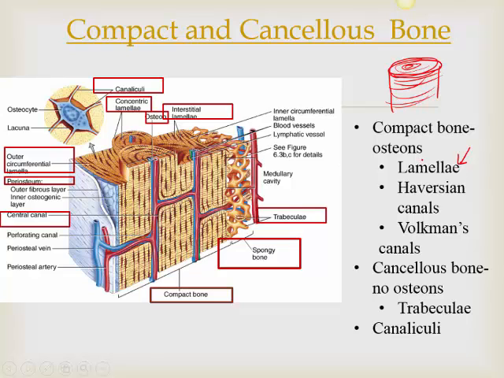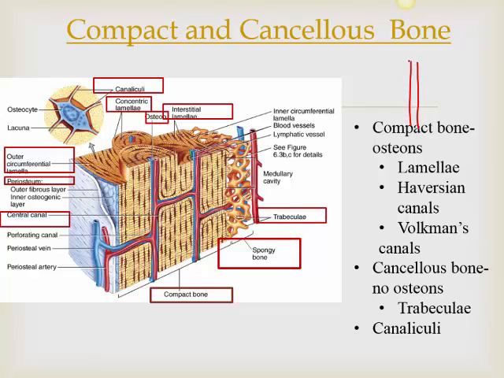And these lamellae are laid around a central canal which has blood vessels in it. This central canal is also known as the Haversian canal. So imagine as bone is being formed, you have a canal which has blood vessels in it.